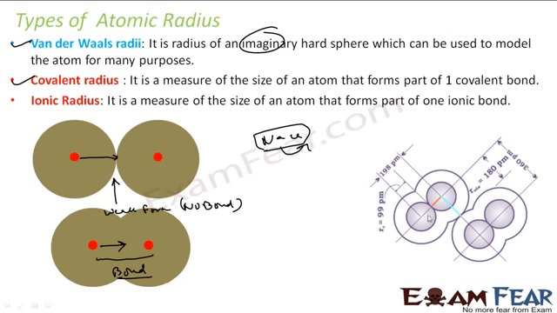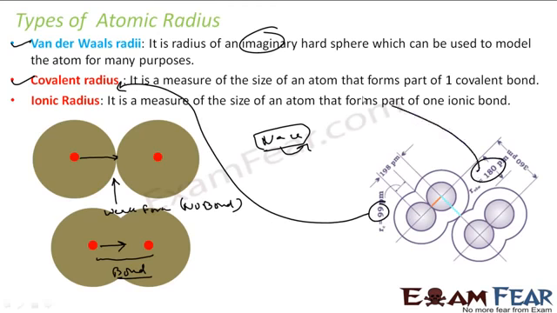For example, for a given atom, the van der Waals radius is 180 picometer, but 99 picometer is my covalent radius or ionic radius.